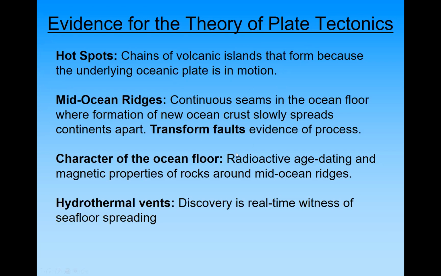The characteristics of the seafloor, both its bathymetric shape and the radioactivity for age dating, the magnetic properties of the rocks, these are all lines of evidence that confirm this overall theory of plate tectonics. And the final thing we're going to talk about in our review of plate tectonics and the evidence for it is hydrothermal vents.